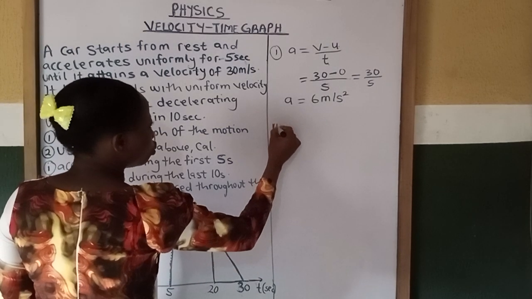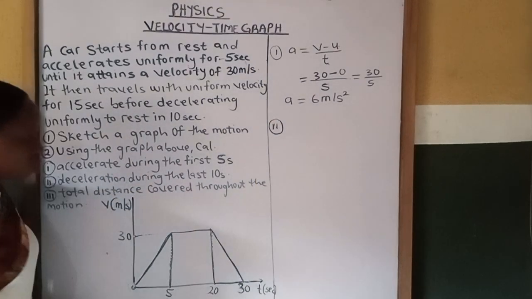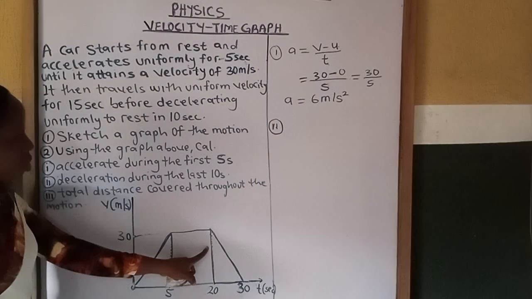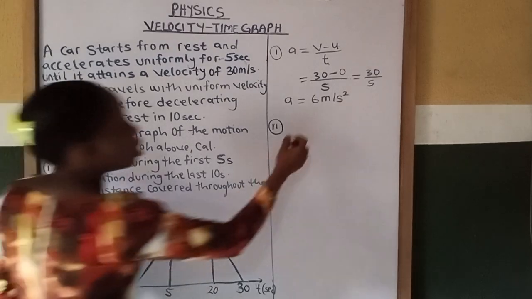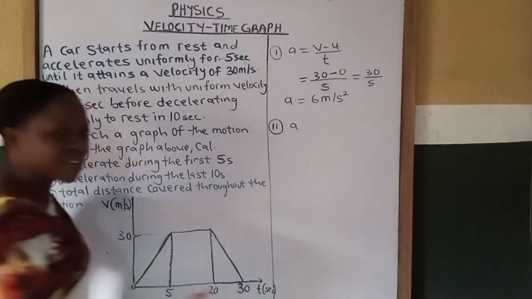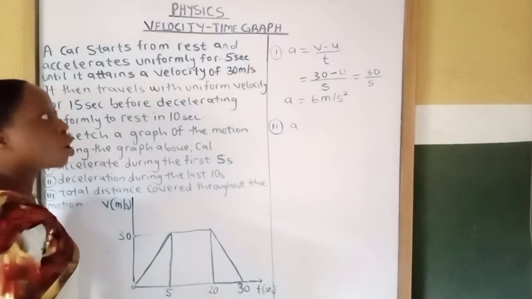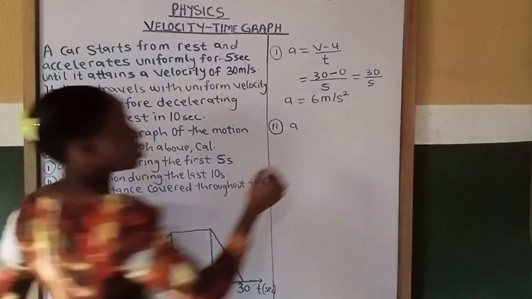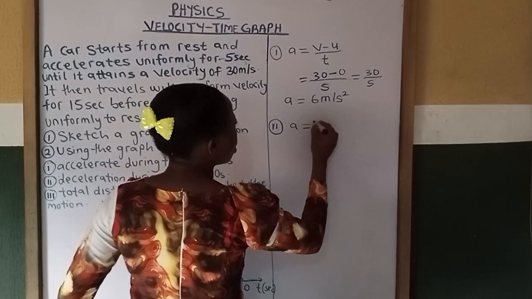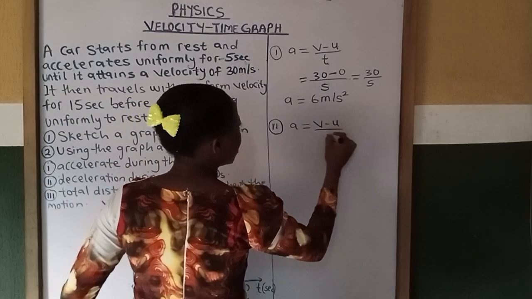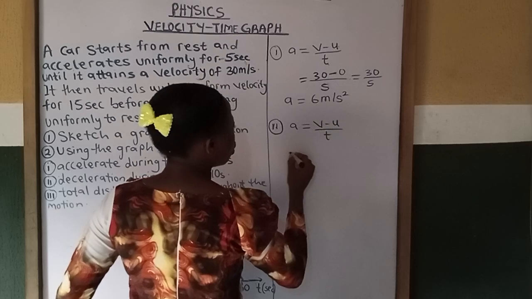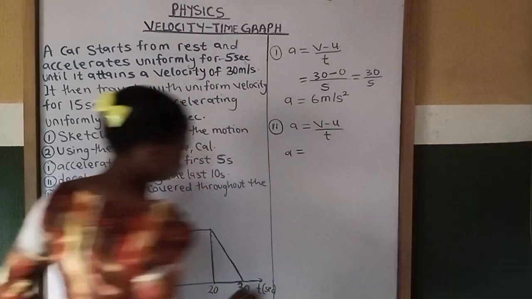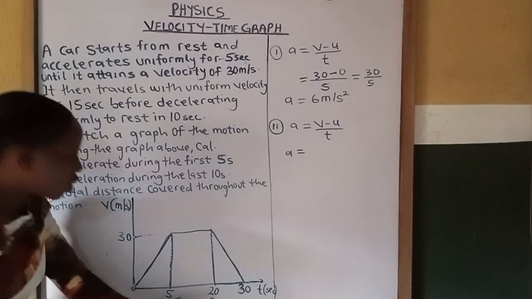So Roman figure 2. Now, deceleration is the opposite of acceleration. You are still going to use the same formula for calculating acceleration, which is equal to change in velocity divided by the time taken. So our A will now be equal to, so what is the final velocity?